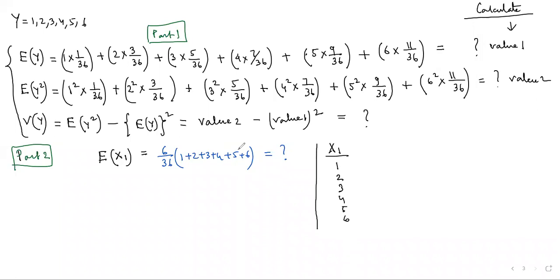First of all, I'm going to calculate the expectation corresponding to the joint probability distribution of the random variable y and the random variable x1 together. So I'm going to do this on the next page. This was my part 2, and this is my part 3. In part 3, we need to calculate the expectation of x1 and y.